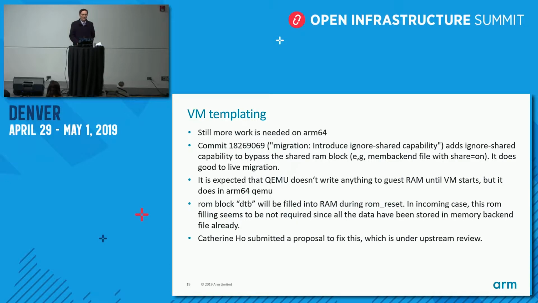So in the incoming case, the ROM filling seems not to be required since all the data has been stored in the memory backend file already. Catherine submitted a proposal to fix this issue, which is still under upstream review.